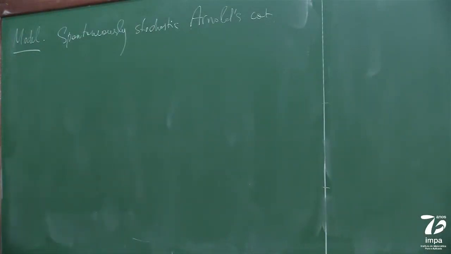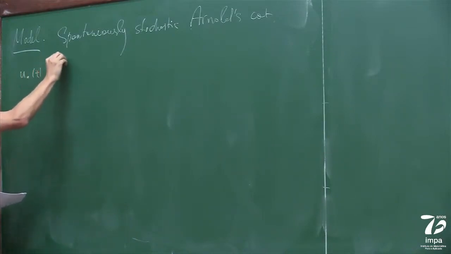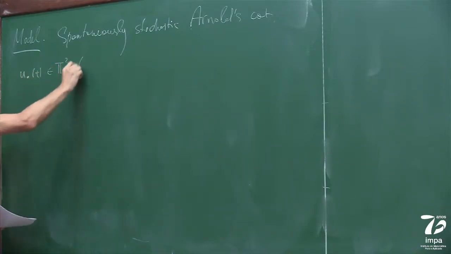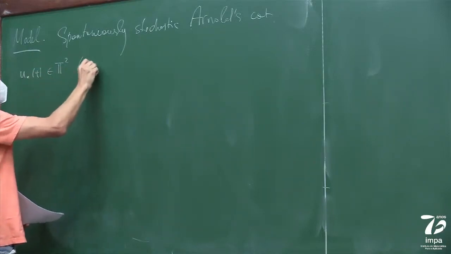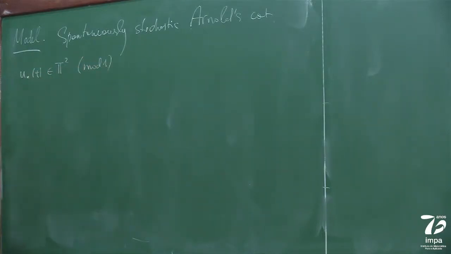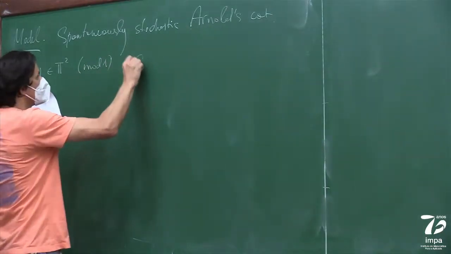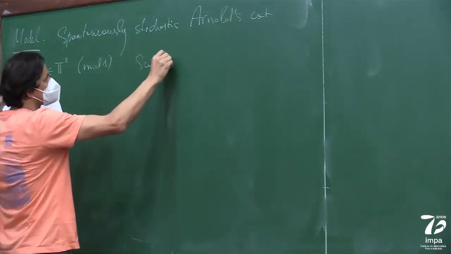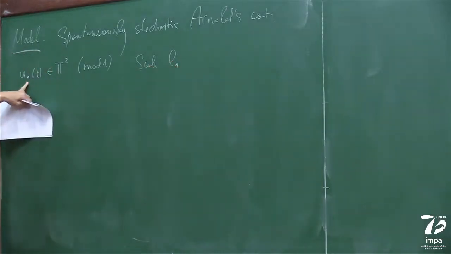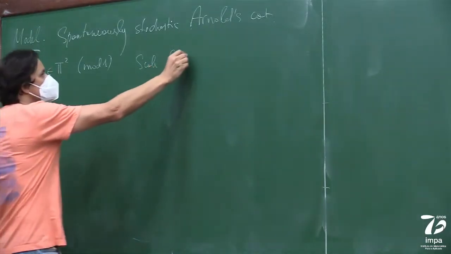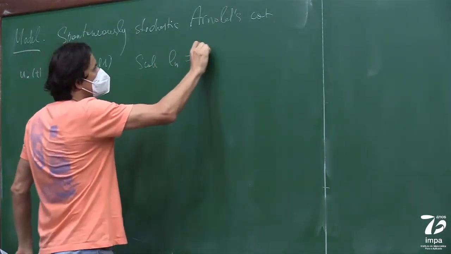mimic the multi-scale structure of the space and time, and so at each space and each time, our variable is taken on a torus. So it has two phases, which is two coordinates modulo 1. Okay, and scale n. So scale corresponds to n, and n is an integer, so it's 2 to the minus n.